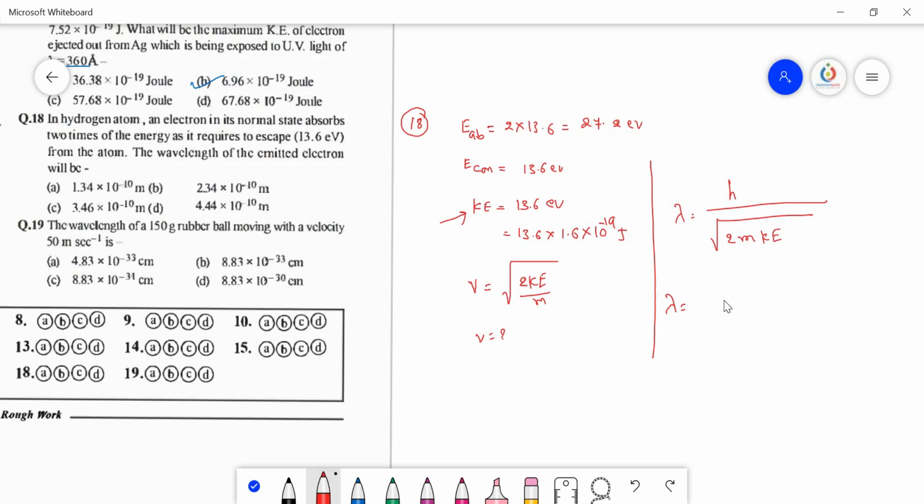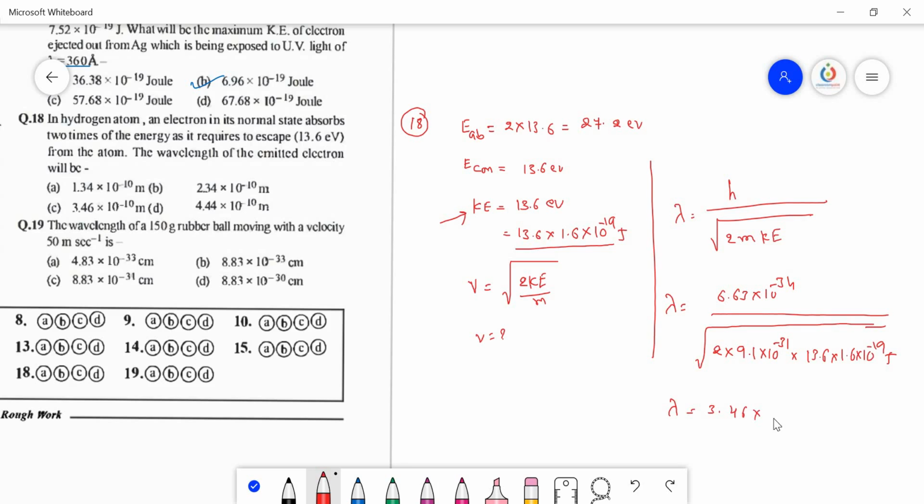So h value is equal to 6.63 into 10 power minus 34 joule seconds, and root over 2 into mass of the electron, 9.1 into 10 power minus 31 kg, and the kinetic energy of the electron we just calculated in joules, that is 13.6 into 1.6 into 10 power minus 19 joules. By solving all these, we get the lambda value as 3.46 into 10 power minus 10 meters. So option C is correct.